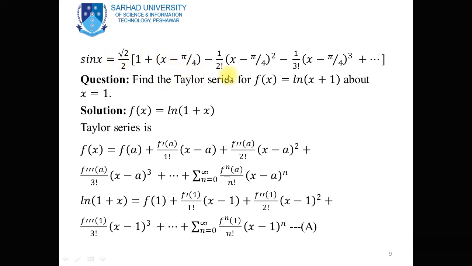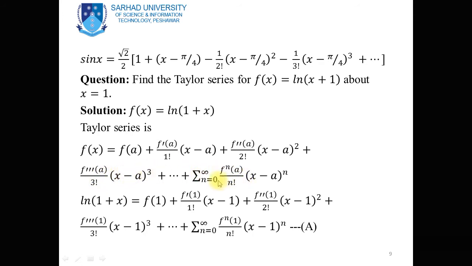Now to find the Taylor series for the function f of x is equal to log of x plus 1 about x is equal to 1. So dear student, this is the Taylor series: f of x is equal to f of a plus f prime of a divided by 1 factorial into x minus a, plus f double prime at x is equal to a divided by 2 factorial into x minus a whole square, plus f triple prime of the function at x is equal to a divided by 3 factorial into x minus a whole cube, and so on.